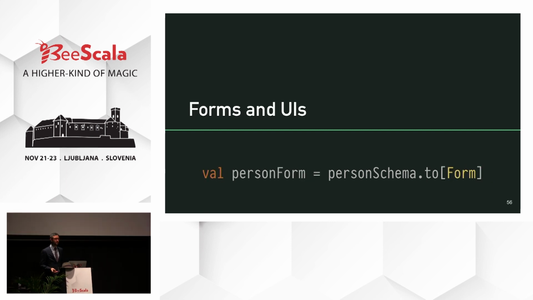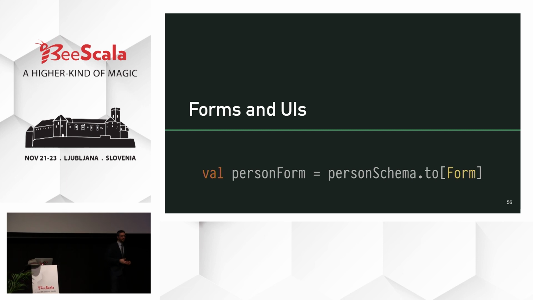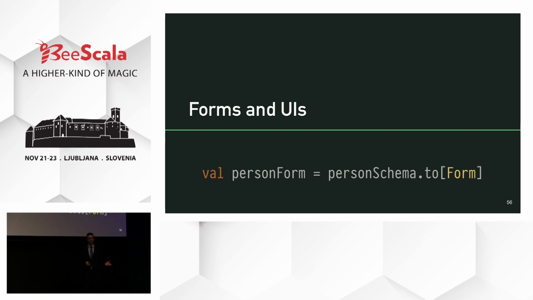You can also do more crazy things like building UIs on top of your schemas. So if you are missing a front-end developer in your team, you can say, OK, I will build my UI from the schema, and if I change the schema, the UI will reflect this change automatically, because I've built it from the schema.